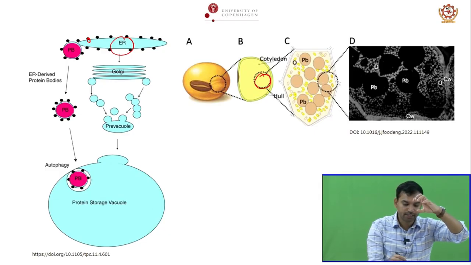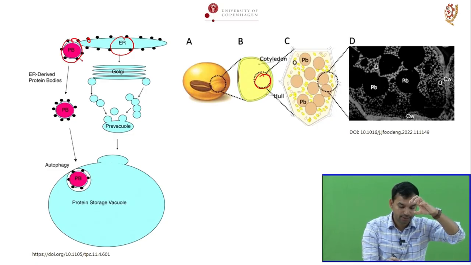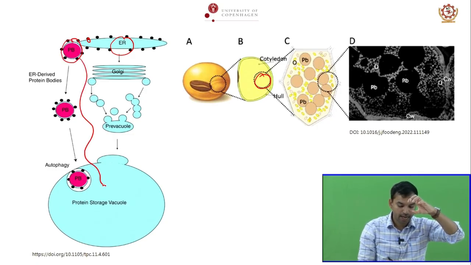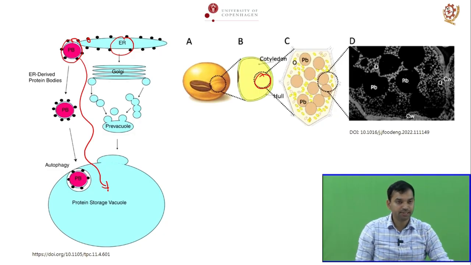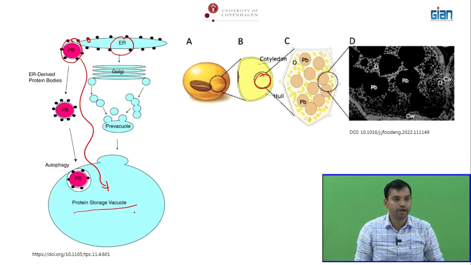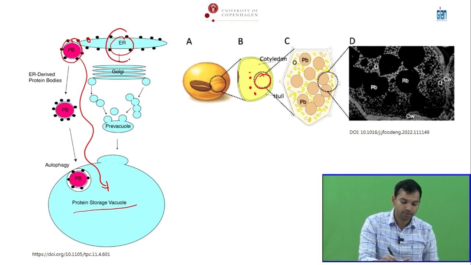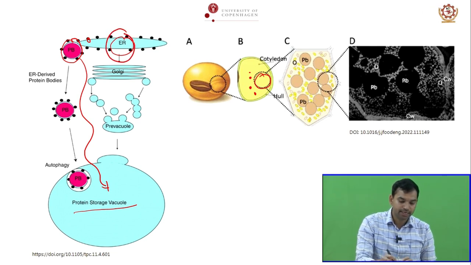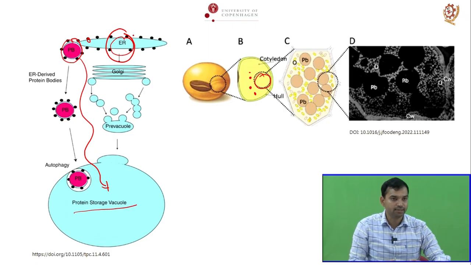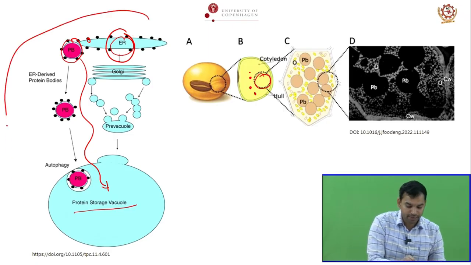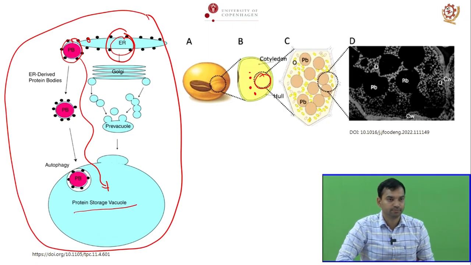And then the proteins, as protein bodies, they travel and then they will be located in a special structure called protein storage vacuoles. There will be small vacuoles here, and the proteins are actually stored inside the vacuoles, okay? The endoplasmic reticulum synthesizes the proteins, and it's transported and located in the vacuoles. And everything is happening inside the seeds now, right?